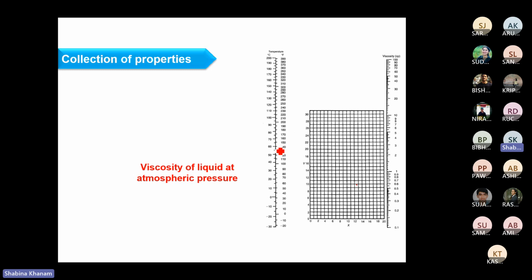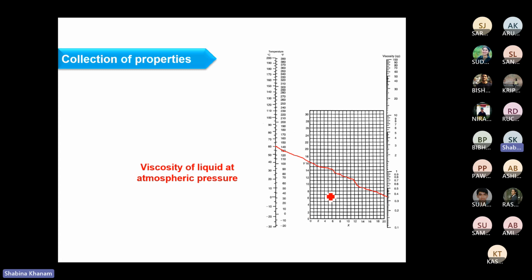You need to draw a line following this point, and wherever it will cut this, that value you need to choose as viscosity in centipoise.